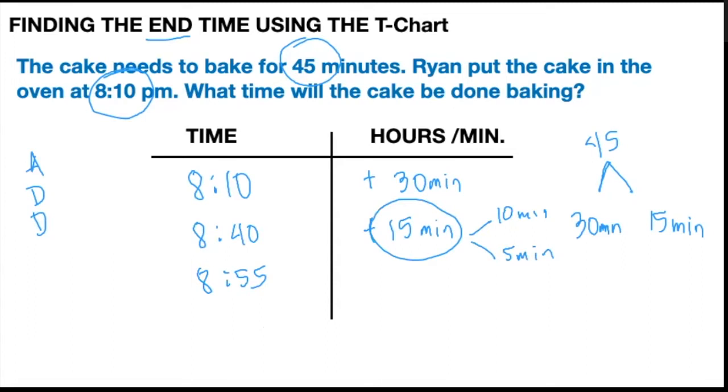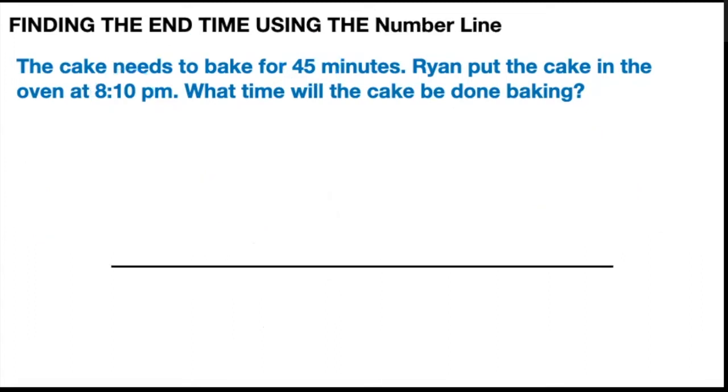Let's use a different method in solving the same problem. If we're going to solve this problem using the number line, we know that we will be starting at 8:10 p.m. And then before we add, we can convert the 45 to 30 and 15 minutes.